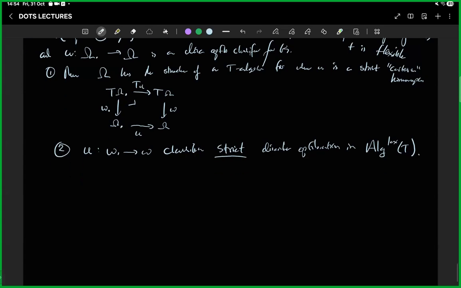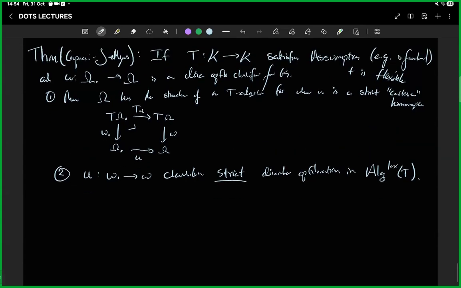So let me look at this. E.g., we're going to come back to this for system series, but for now, let me say e.g., if we have T equals SMC monad, Cat to Cat, and that is flexible, and we get this theorem.